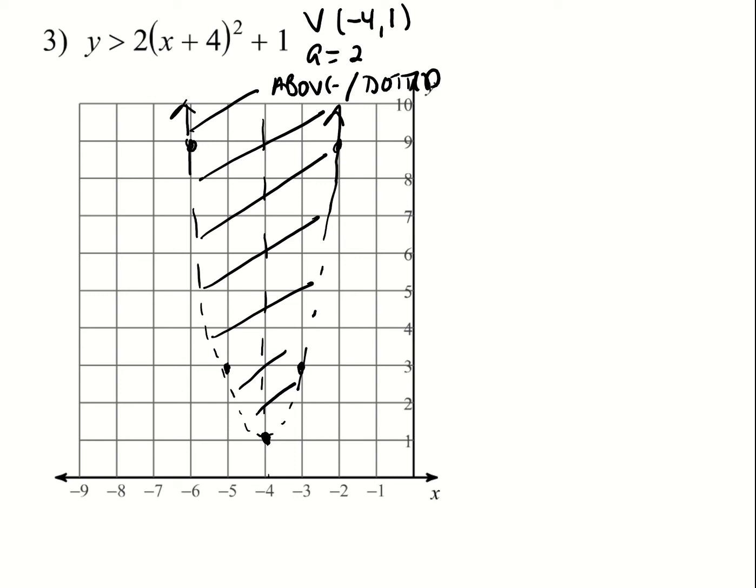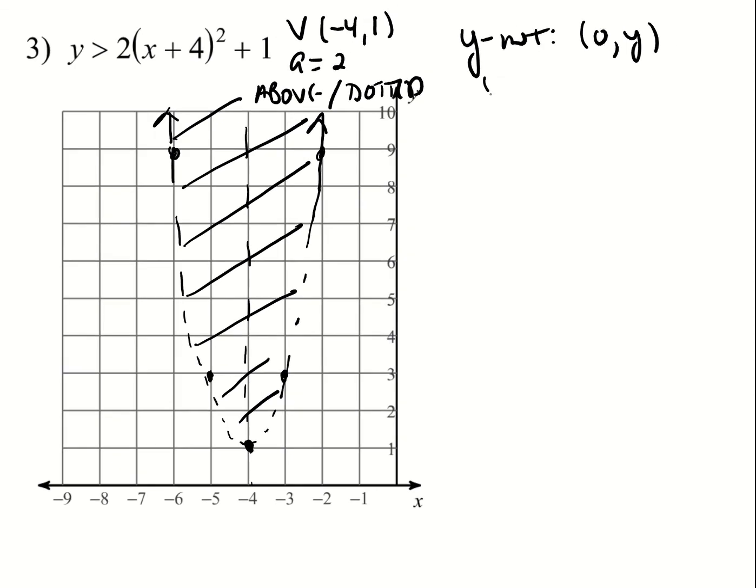And then to get the y-intercept, I know that x is going to be 0 to get what y is. So this is going to be, whoopsie, y equals 2 times 0 plus 4 squared plus 1. 4 squared is 16. 16 times 2 is 32 plus 1, which is 33.